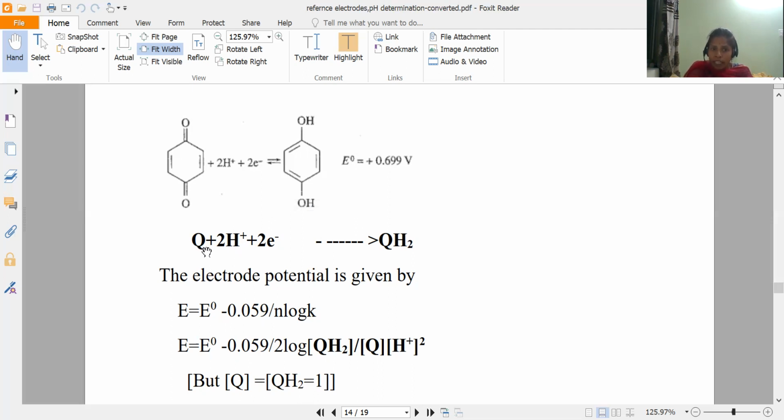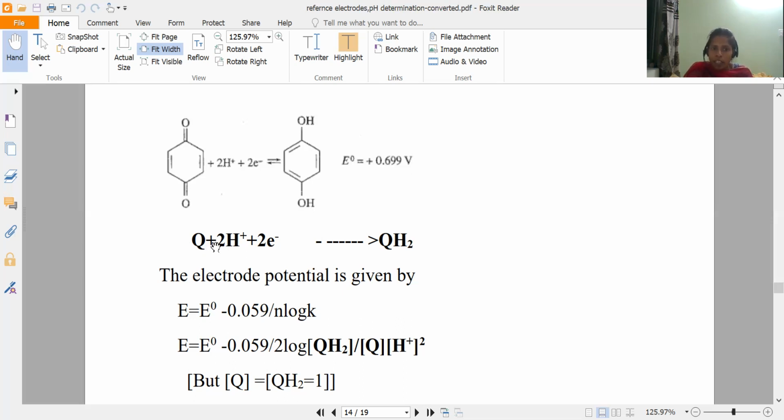We have 2 reactants. Don't apply it for the electrons, just apply it only for the reactants. So here we have the 2 reactants: one is Q and another one is H plus. If we have multiple reactants, in the place of plus, we have to put the multiplication symbol, and the number of moles must be on the power.